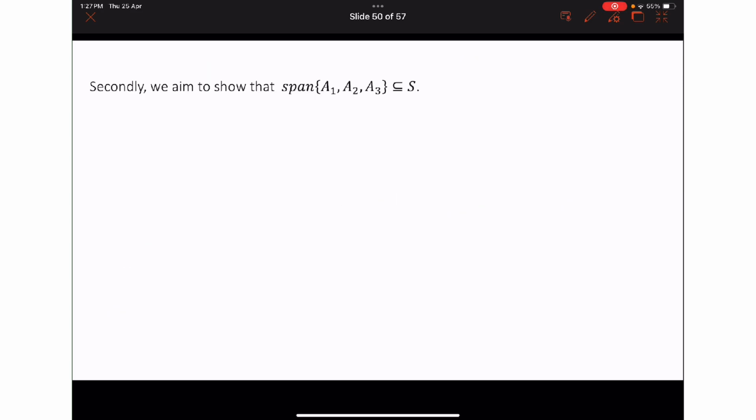So we move to the second statement, which is to show that span A1, A2, A3 is a subset of S. We start by letting A be a matrix in this set.